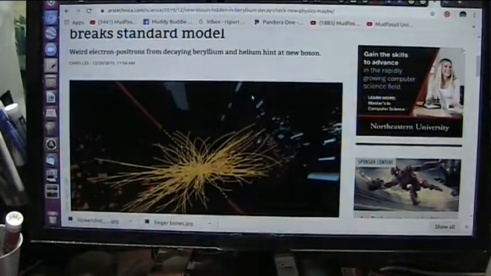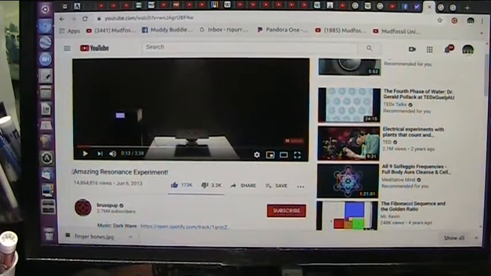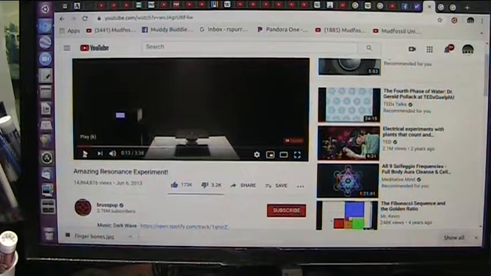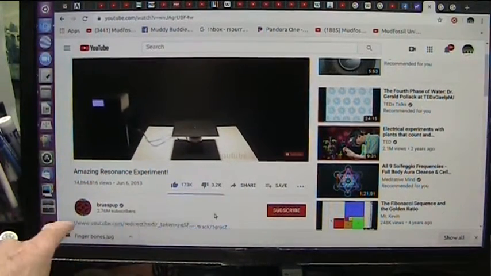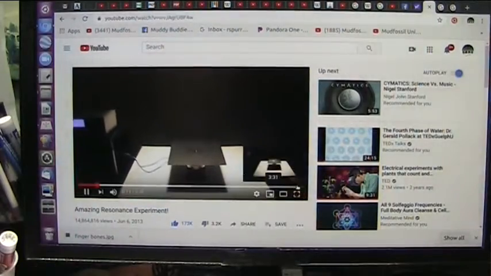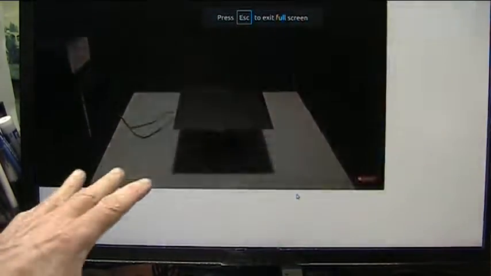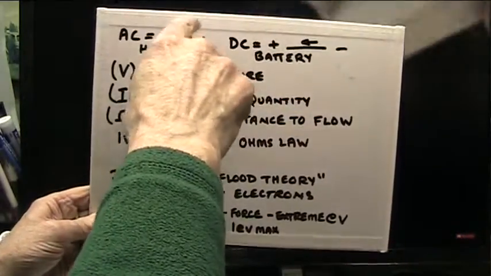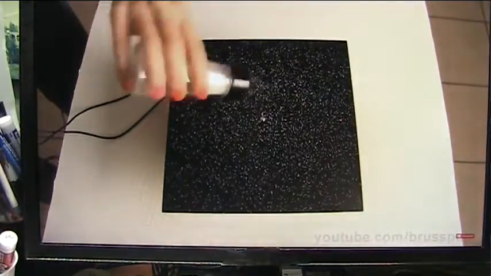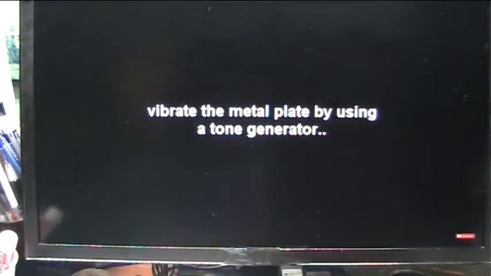So let's take this a step further. Here we have BrusPup, and this is the Amazing Resonance Experiment. Now what they have is a table here, and they're going to put salt on there. Then they're going to run a frequency generator under there, a tone generator.